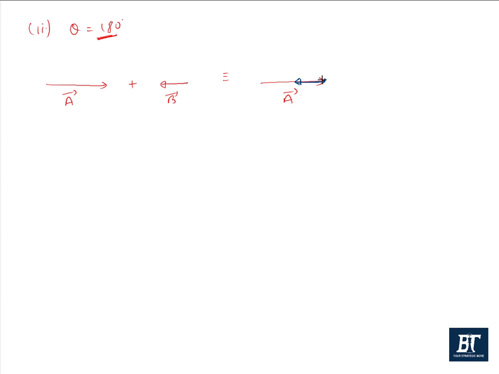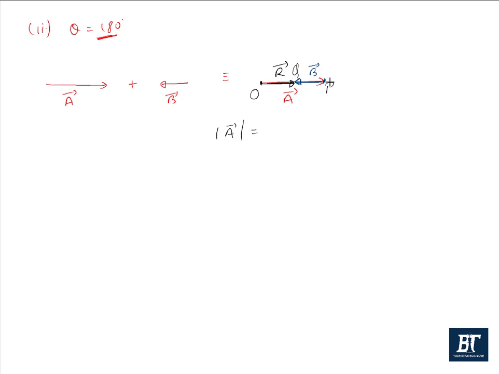So this is our vector B, and when we join the tail of the first vector to the head of the second vector, then we will get the resultant. Here also we will name these points O, P and Q, and we had already discussed it earlier.